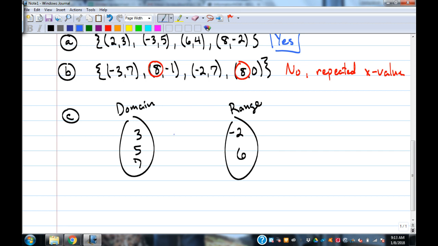These would be already drawn for you, and this is how the problem would be presented to you. And they're saying, okay, is this a function? This relation represented as a mapping. So repeated x value? No. So it is a function, because it doesn't repeat x values. It repeats a y value, but that's legal. You can do that. Okay, that's not a problem.